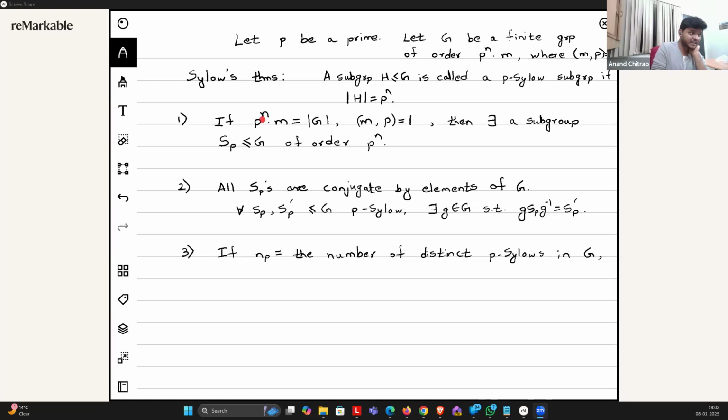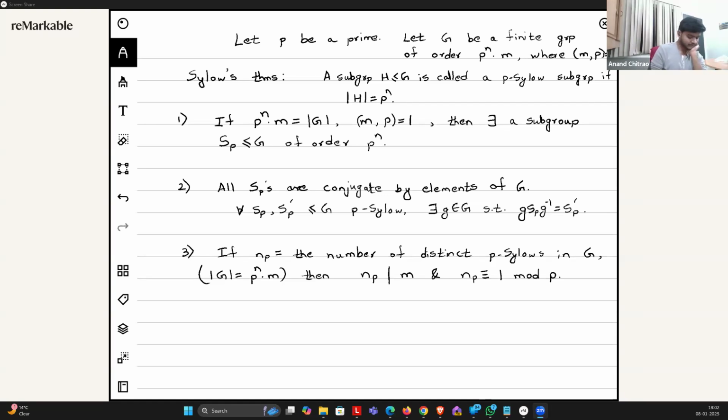Remember that G has cardinality p to the n times m. I'll write it again. In brackets, cardinality of G equals p to the n times m. Then n_p divides, this is a number, it divides m, whatever is left, and n_p is congruent to 1 mod p. Okay? So remember this. Okay.